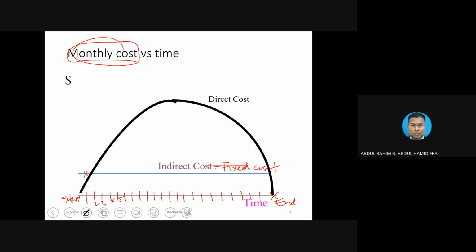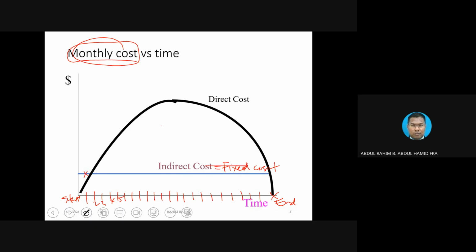Why do people say it is fixed? If you make an analogy to yourself, every month, how much do you spend on utility bills if you rent a house, for instance? Your utility bill is about the same every month, it could be plus and minus.